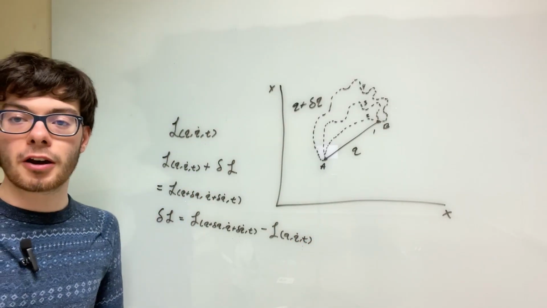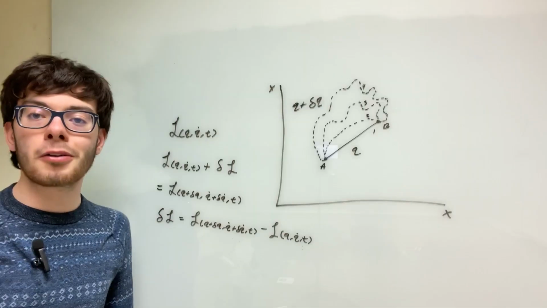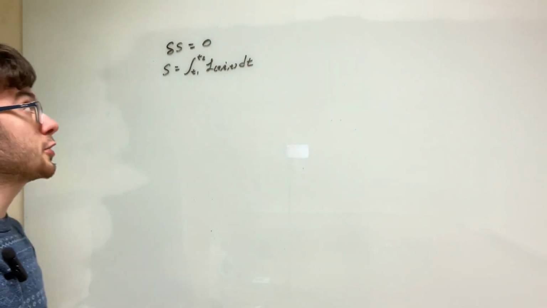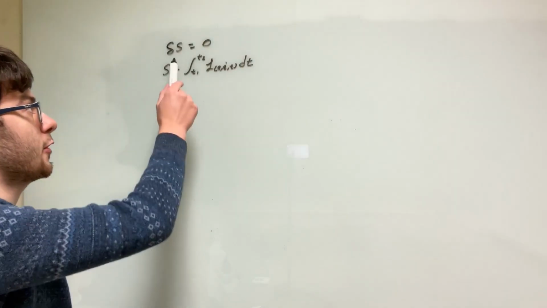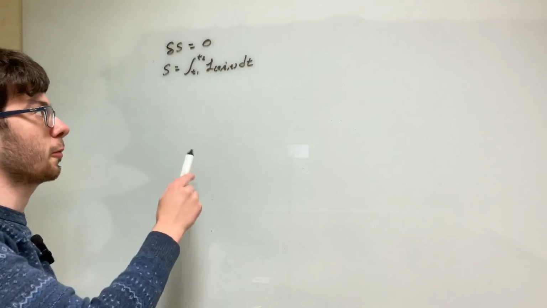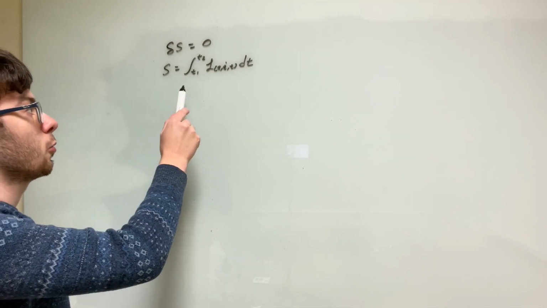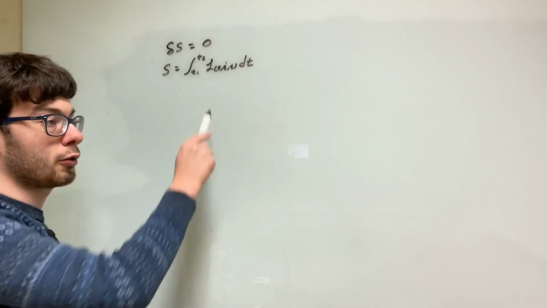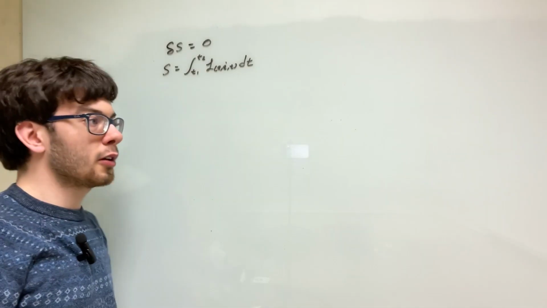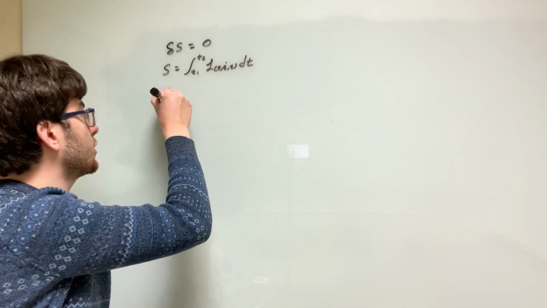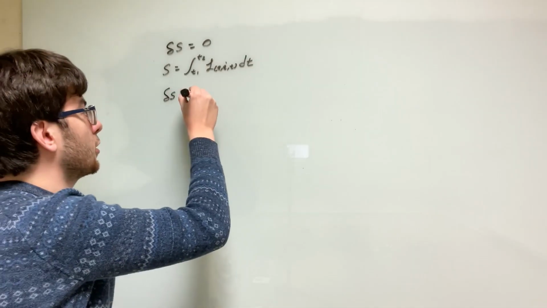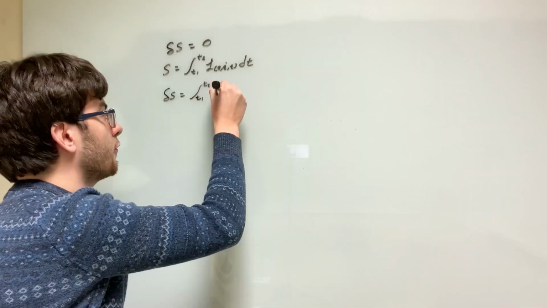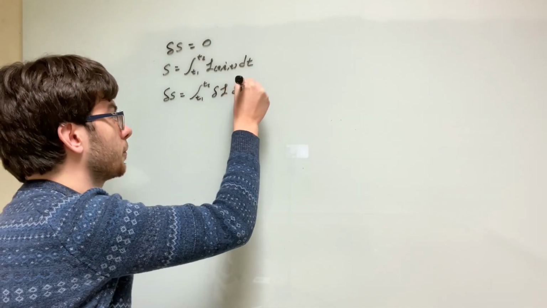Now we know all we need to know about variations. Now let's move on to the derivation. We start with Hamilton's principle, which says that for the object's true path, the variation in the action is equal to 0. And the action is a functional, which is defined as the time integral from t1 to t2 of the Lagrangian of the true path. So this means that the variation in the action is also equal to the time integral from t1 to t2 of the variation in the Lagrangian.